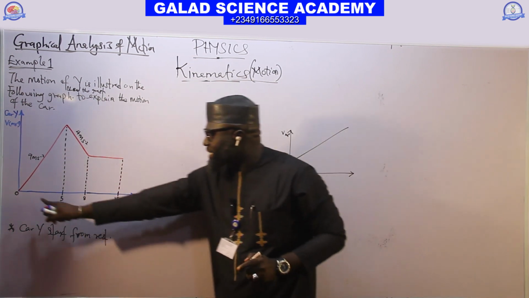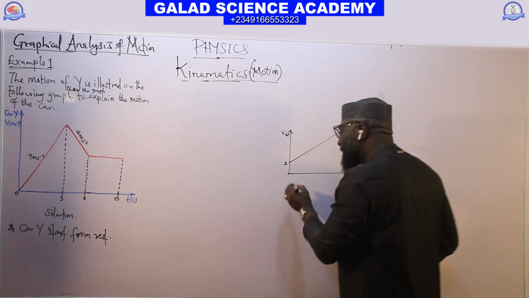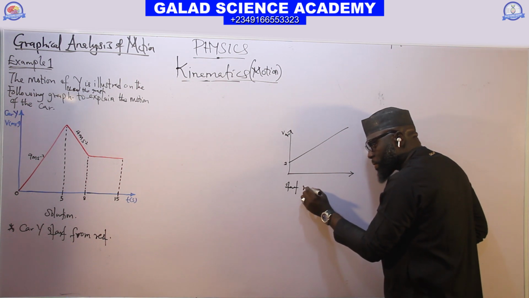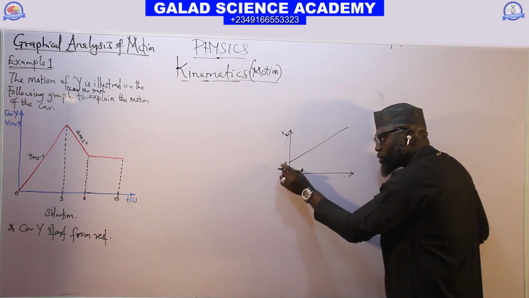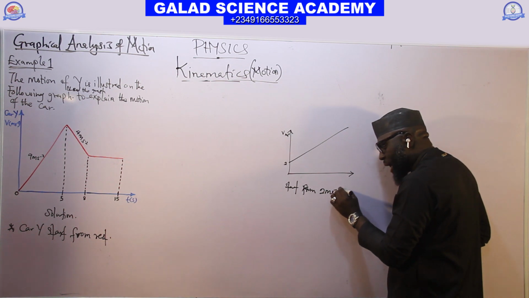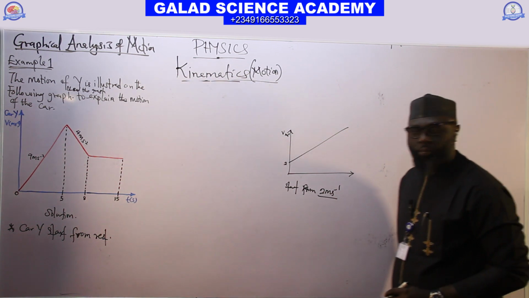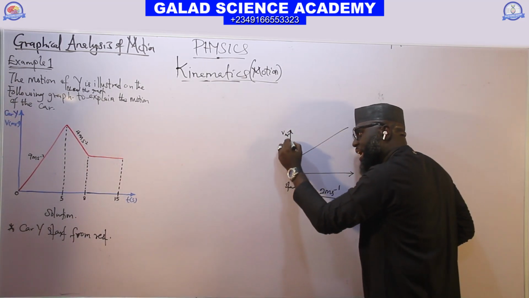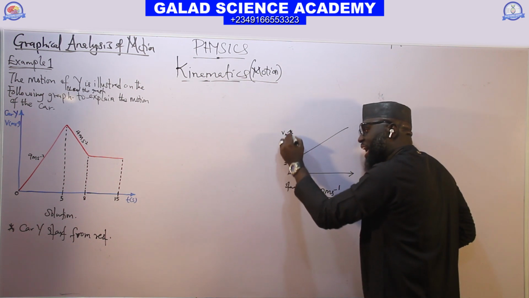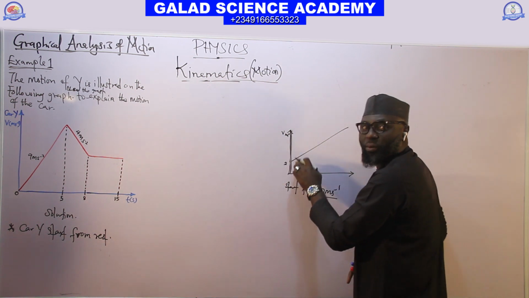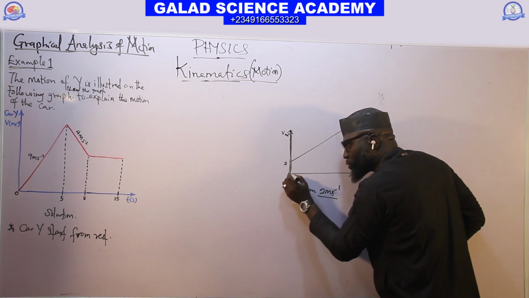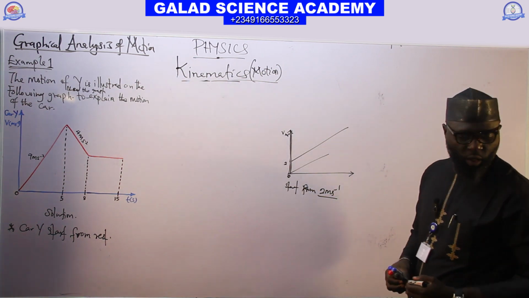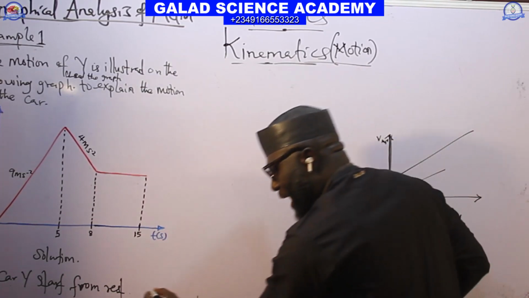Instead of saying the car starts from rest, I would say the car starts from 2 meter per second. So if your graph starts from the vertical axis at any place, the body does not start from rest. But if it starts from this point, it starts from the origin, from rest.